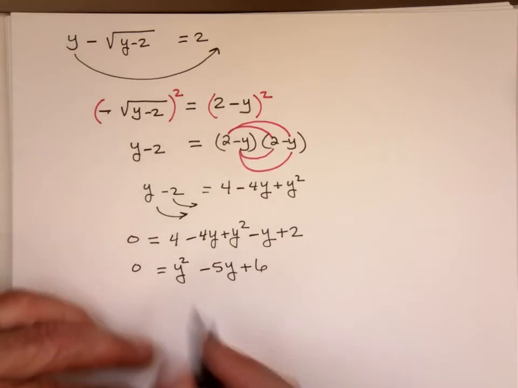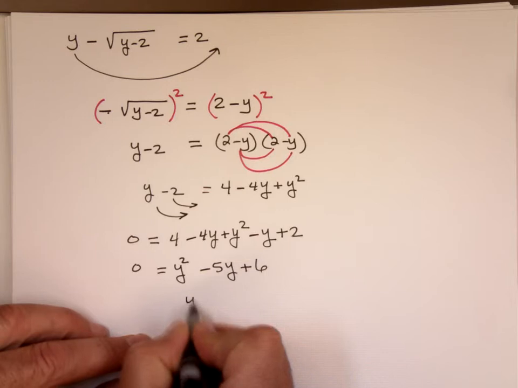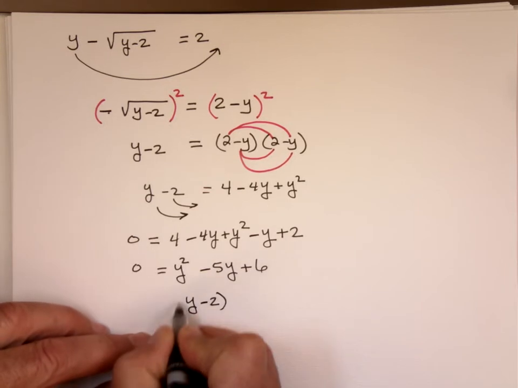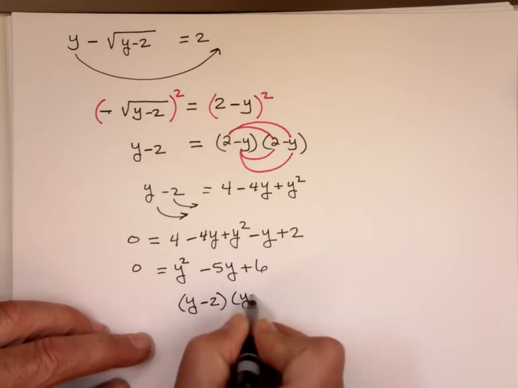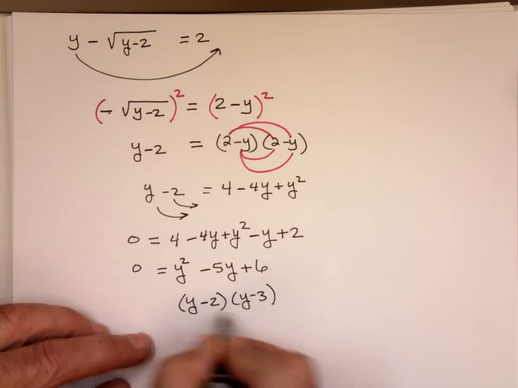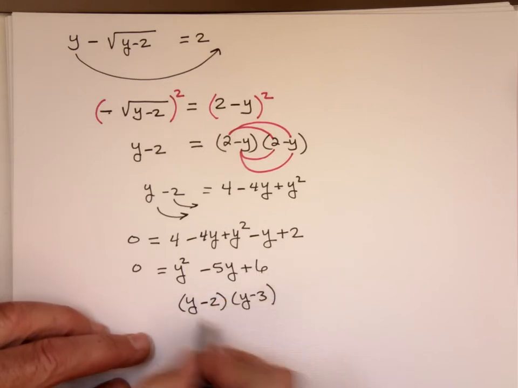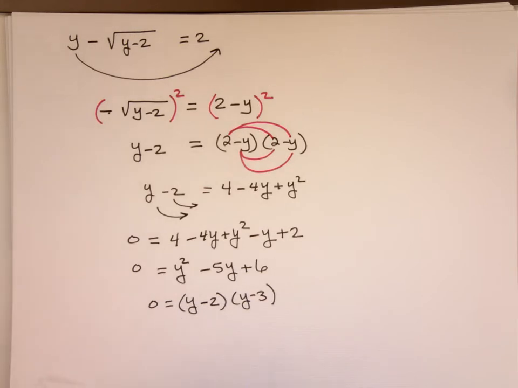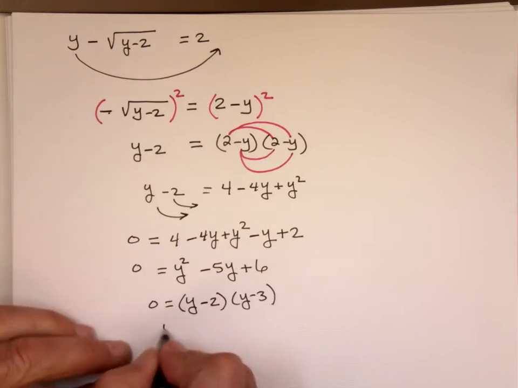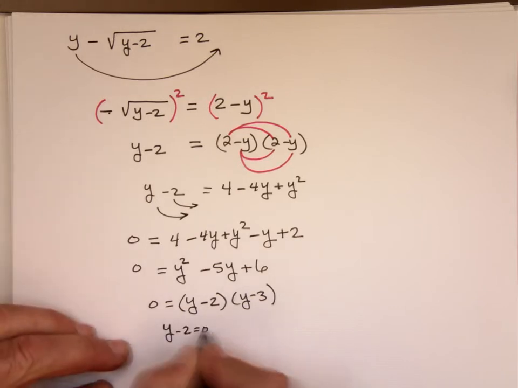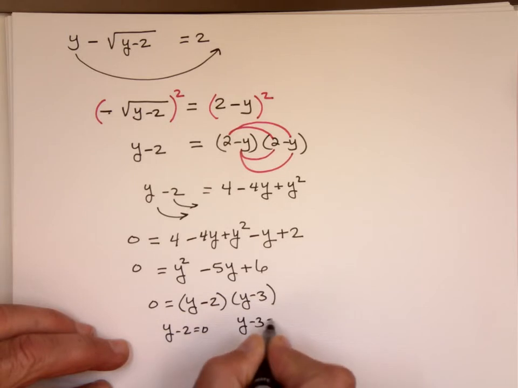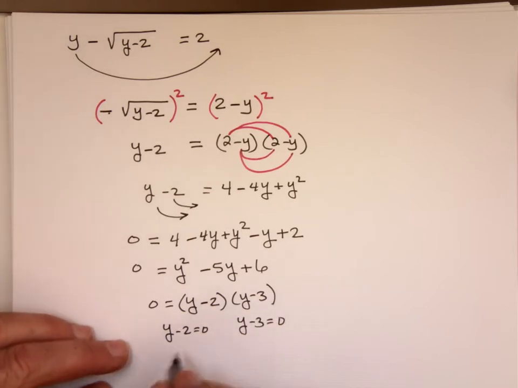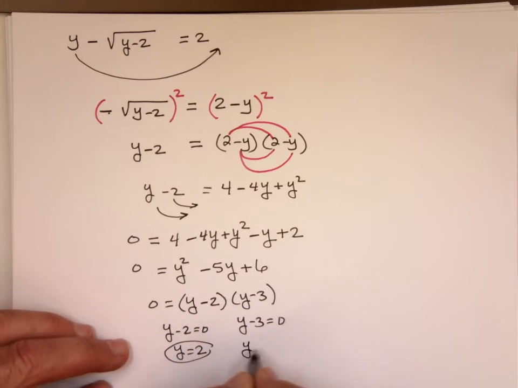So if you factor this, what do you have? y minus 2, y minus 3. That will give me the plus 6 and the negative 5y. You're multiplying two things and your answer is 0. That means one of them has to be 0, or both zeros. Now to solve this, y equals 2. Solve this, y equals 3.